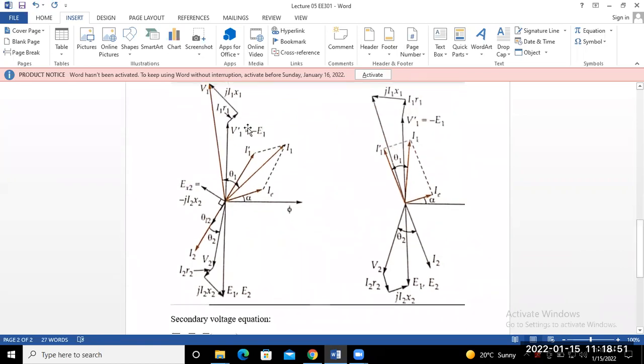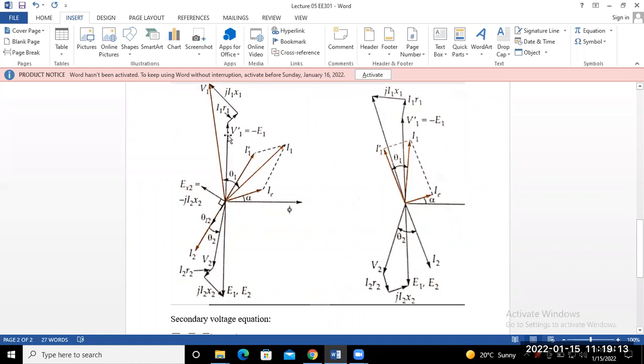You have to consider this diagram up to here. This theta 1 is known as the power factor angle of the primary side, that means the angle between the primary side voltage and the primary side supply current. So tell me the voltage equation of the primary side.